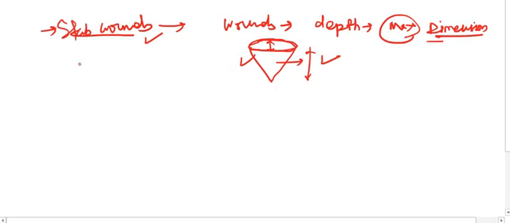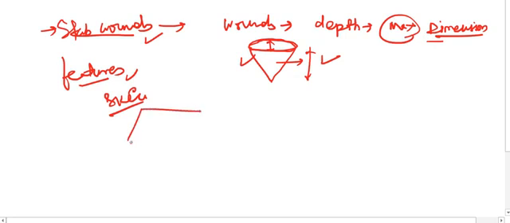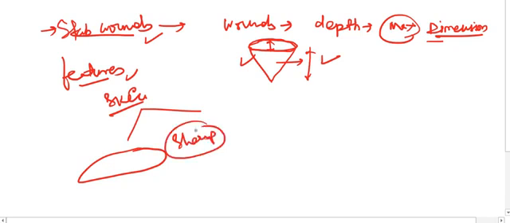Now, based on the features on the skin, the margins of the stab wound can be sharp if the stab wound is caused by a sharp weapon. Then this is known as an incised stab wound.